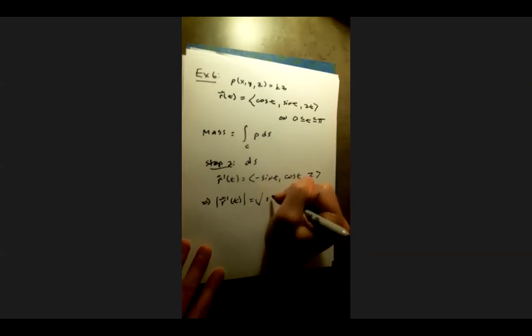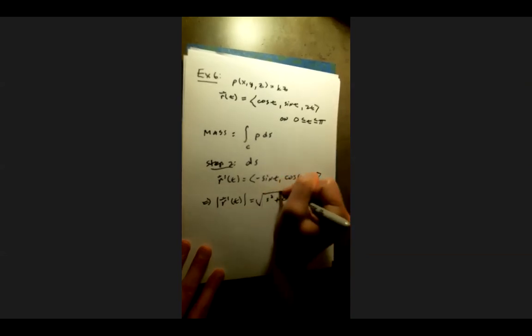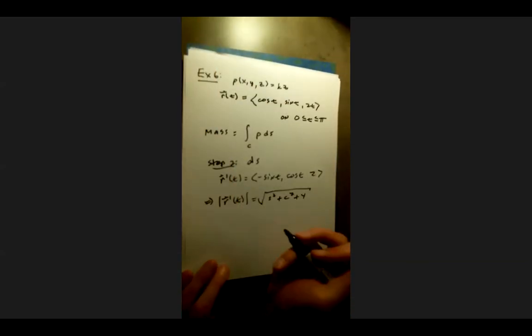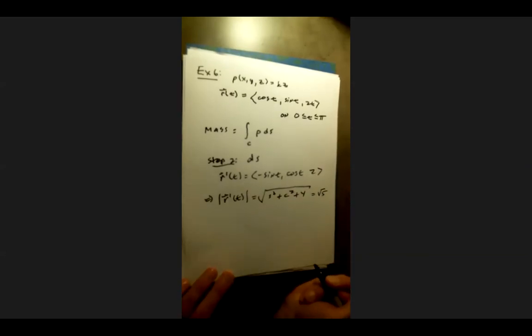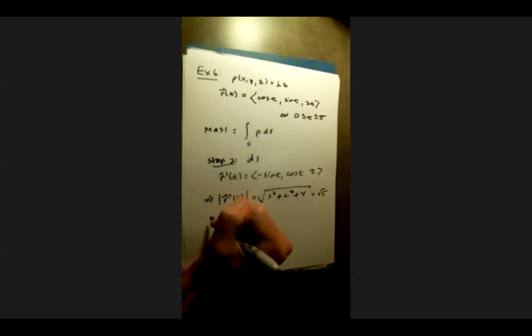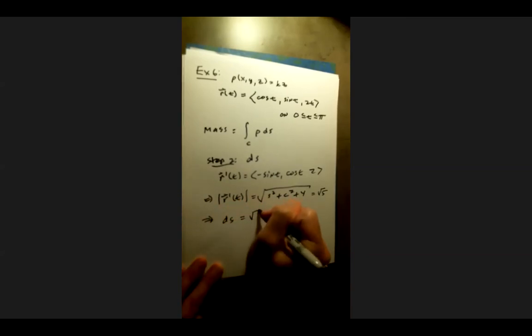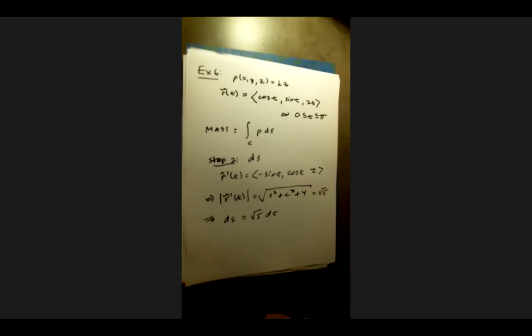I just write this as the square root of sine squared plus cosine squared plus 4, or square root of 5. So this would tell us that ds will be equal to square root of 5 dt.